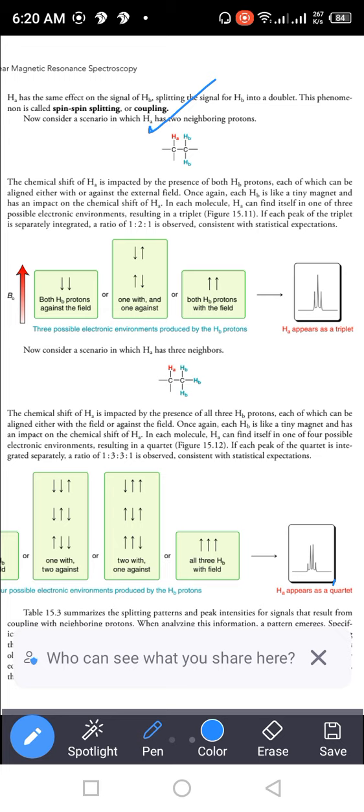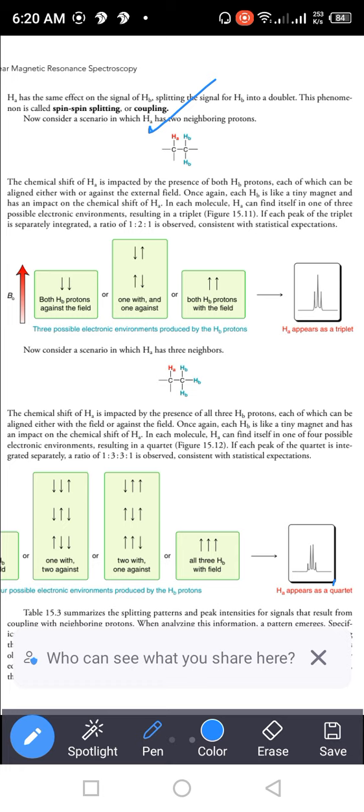Look at the diagram. Chemical shift of any proton is represented with respect to neighbor protons. Now we are talking about the chemical shift of Ha, so we will talk about the neighbors of Ha. How many neighbors does Ha have?